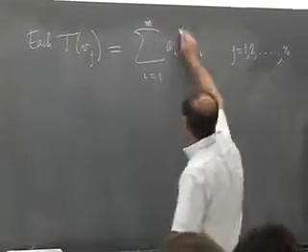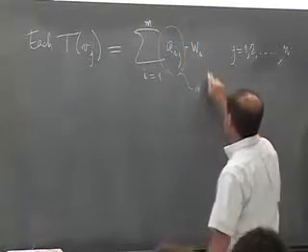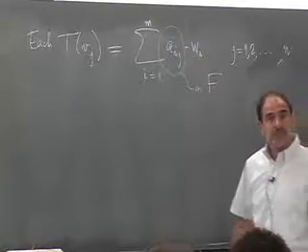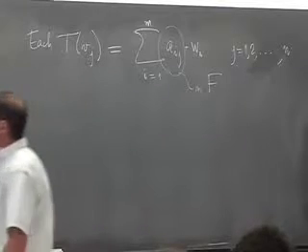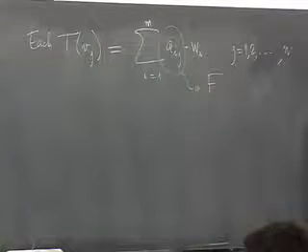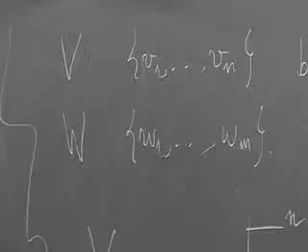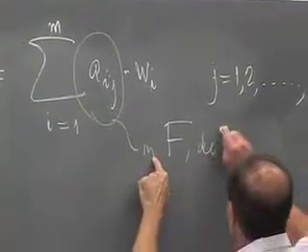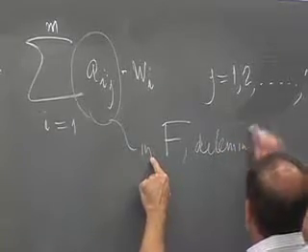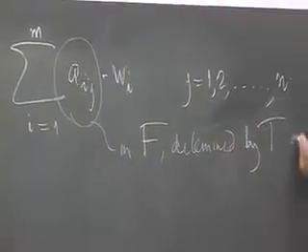And these aij are elements in my field F. Right? Because when I apply T to my basis vector of V, I get a vector in W, and I can write it as a linear combination of the wi uniquely. So these aij are elements in F determined by T and the choice of basis.